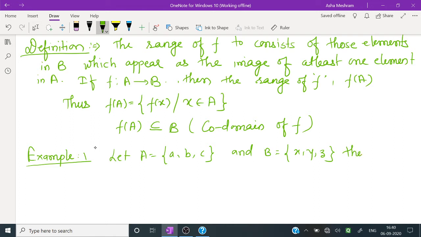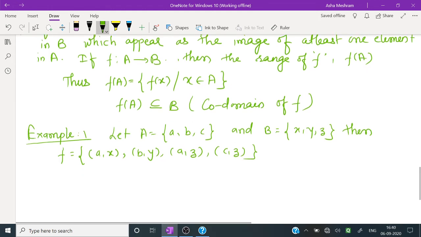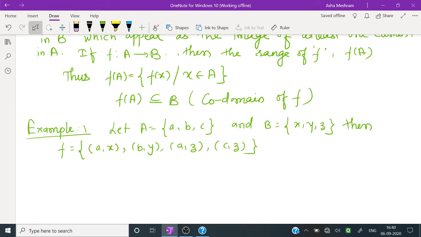Then the function is ax, by, az and cz. We have to check whether it is a function or not. So we check.